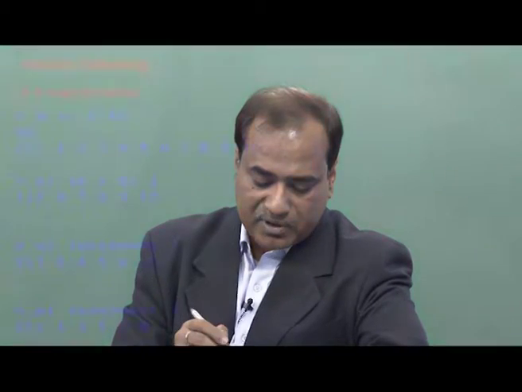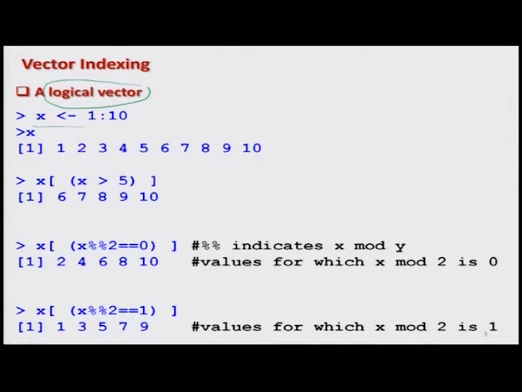For example, suppose I generate a sequence of numbers stored in the variable x as 1 colon 10. That means a sequence starting from 1 to 10 at an interval of 1 unit. So, if you try to get this sequence, it will look like this.